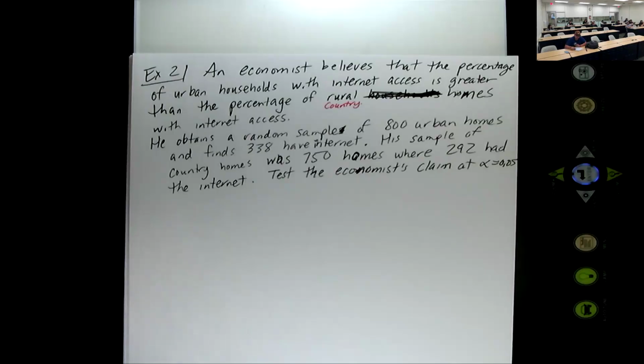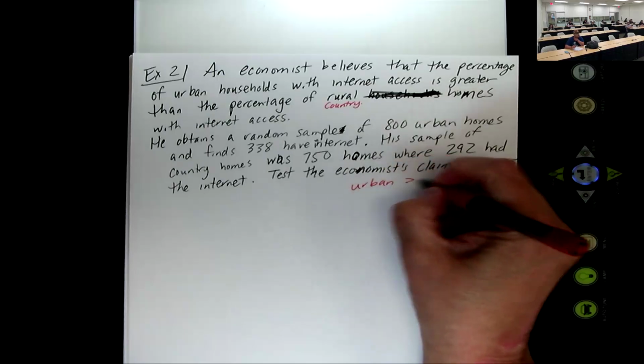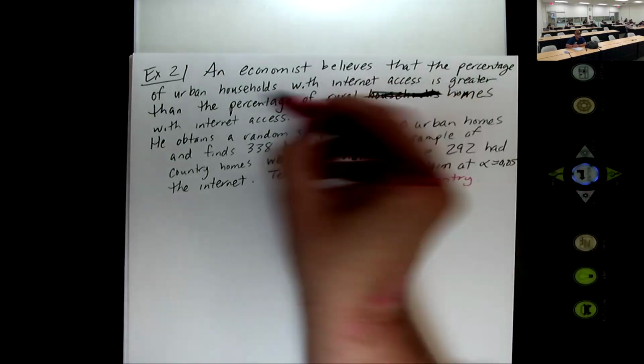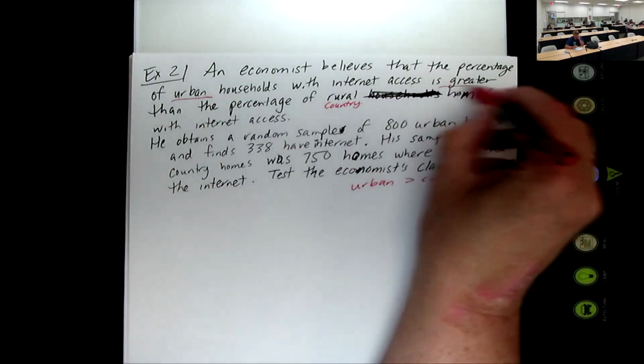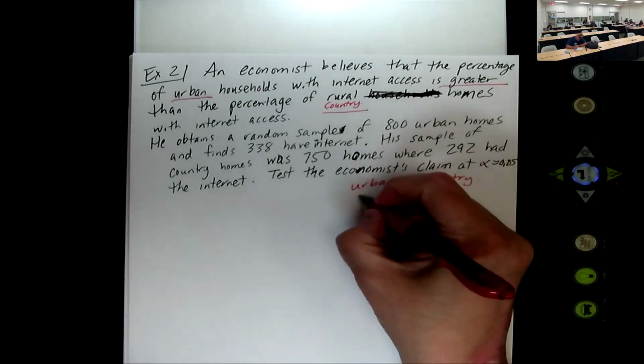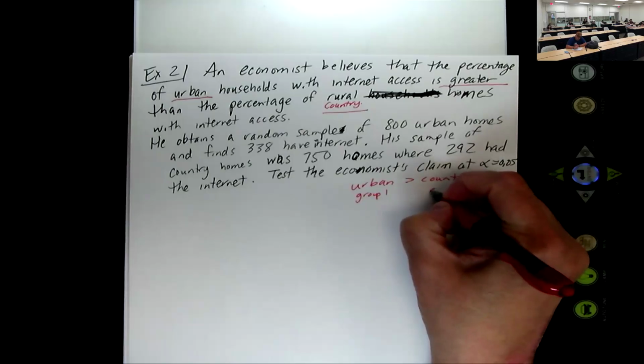Easier to remember, okay. So we read through it a couple times: the percentage of urban homes is greater than the percentage of country homes. Urban needs to be greater than country. So I'm going to call my urban home group 1, my country home group 2.